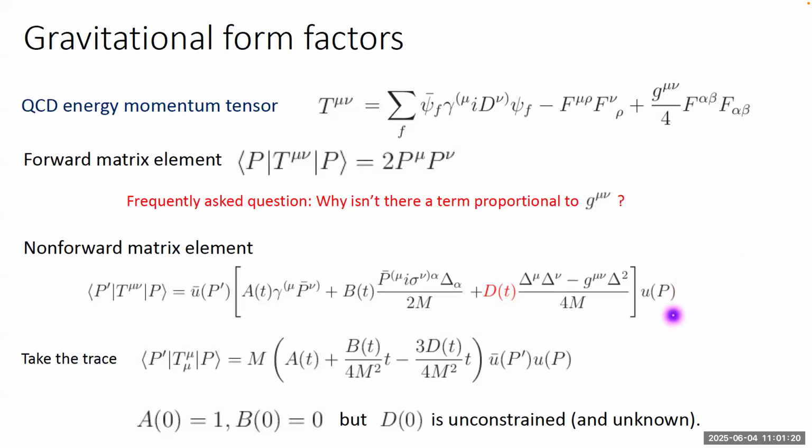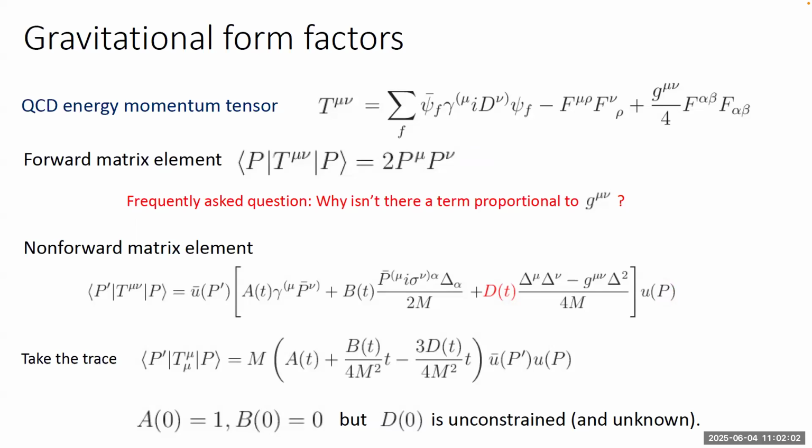If there is an additional isolated G mu nu term here, it violates the conservation law. The G mu nu in these 2 terms together is consistent with the conservation law, but an isolated G mu nu term is not consistent with the conservation law. And if you take the forward limit, by continuity, there's no term proportional to G mu nu here. So that's why there's no G mu nu here. You have to think in terms of the non-forward matrix element and extrapolate to the forward matrix element. That's the only explanation I can think of, actually.